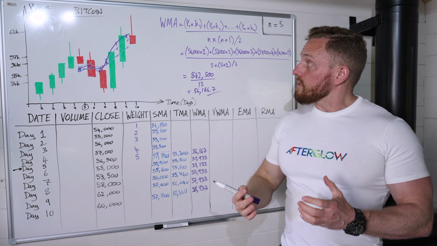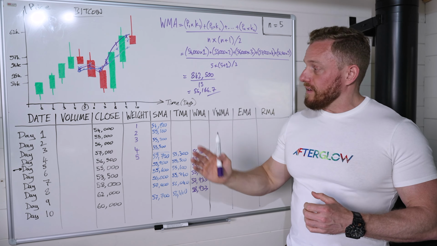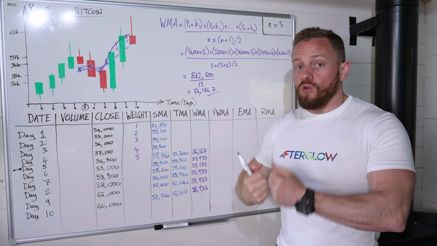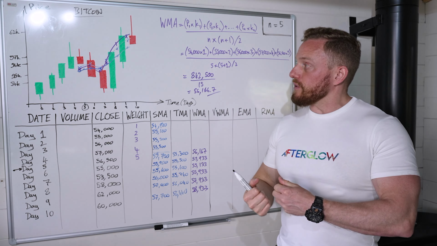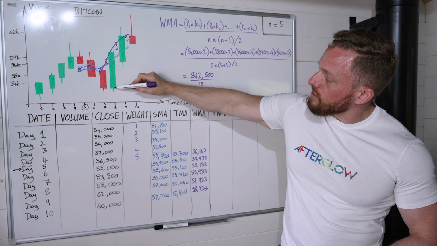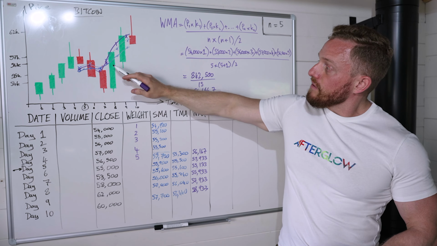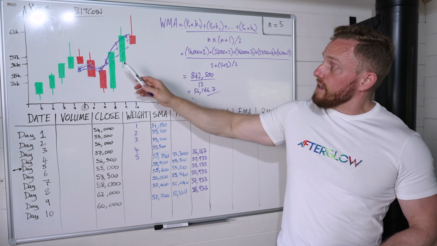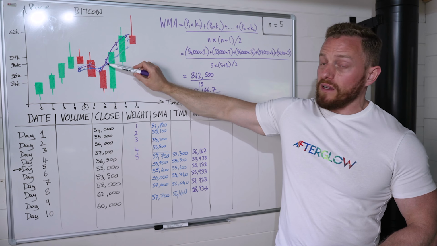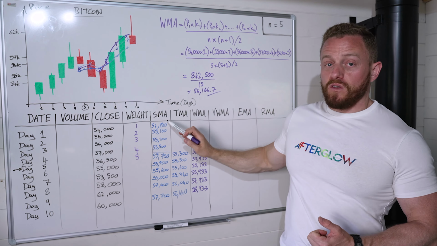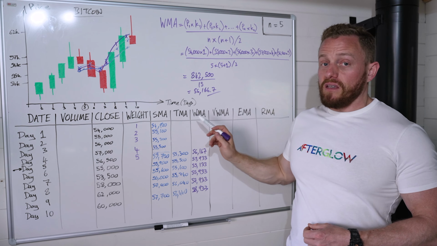That's because of the weighting factor, because the weights are being applied to give more emphasis to that recent price movement. So when we get this very sharp up green candle here and here, the WMA line responds much more quickly, it's much more reactive, and it spikes up faster than the SMA and the TMA.